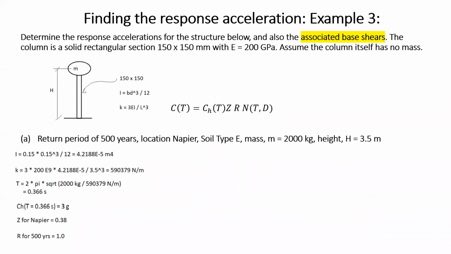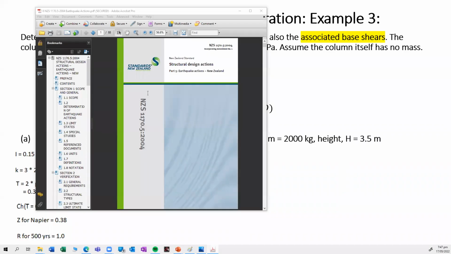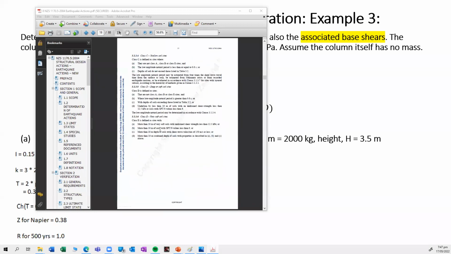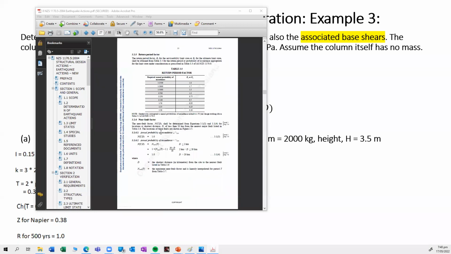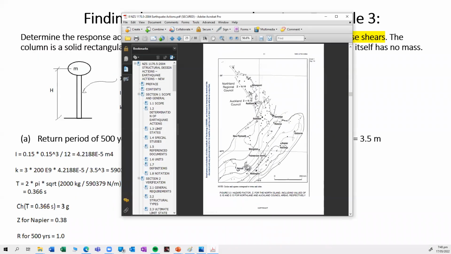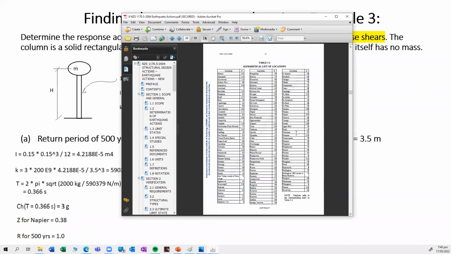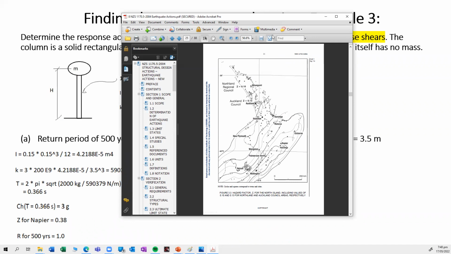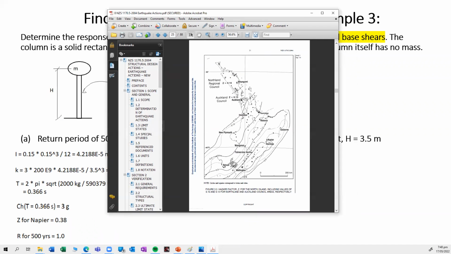Just give me a second, I'll get the code. So you've got CH, 0.366 seconds, for soil type E.